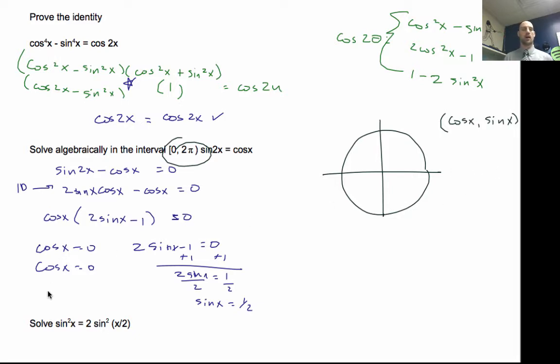So I want where my x value equals 0. So x value equals 0 here and here, because this would be 0 comma 1, and this would be 0 comma negative 1. So that's pi over 2 and 3 pi over 2. So that's my solutions here. So cosine of x equals 0 at 3 pi over 2 or pi over 2.